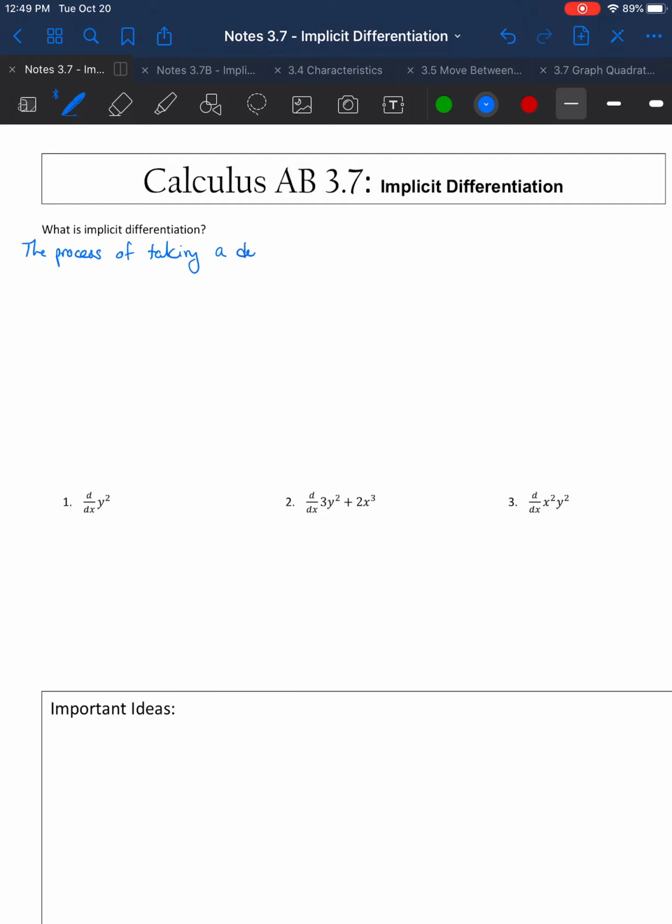Hi guys, today we are going to be talking about implicit differentiation. Before we can start doing these, we have to know what it is.